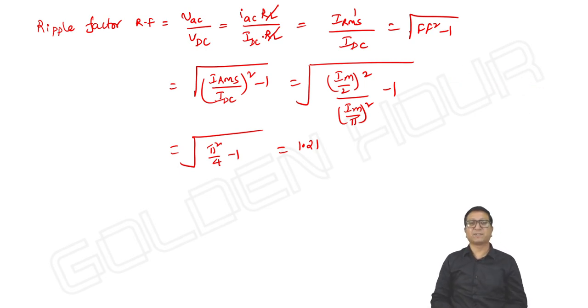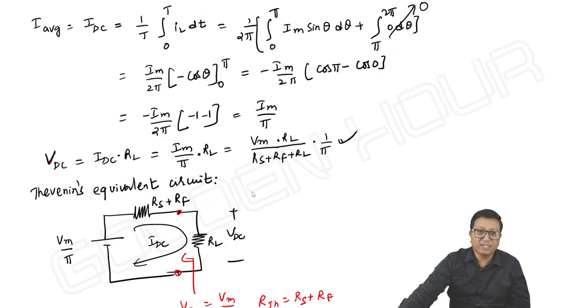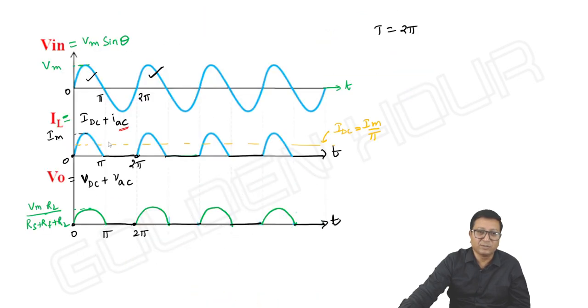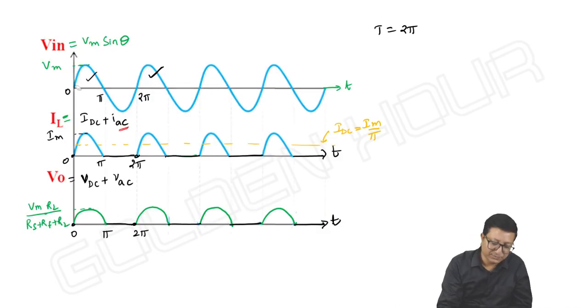Okay, what is the significance of this ripple factor? Why are we calculating it? Just earlier I mentioned some definitions and I am now substituting. Here my concern is to convert an AC signal into DC. But here what is happening? The entire AC is not converted into DC. This is our AC signal, right? And the DC component we are getting is only this much.